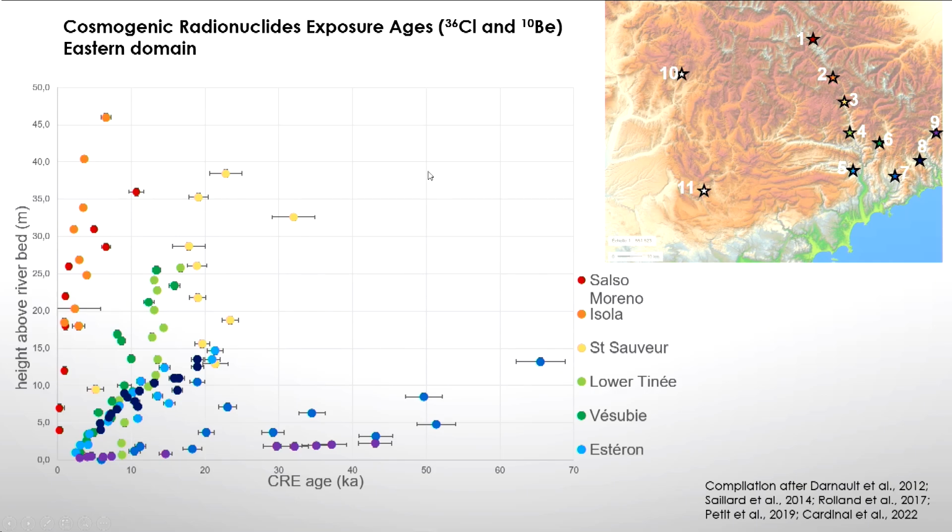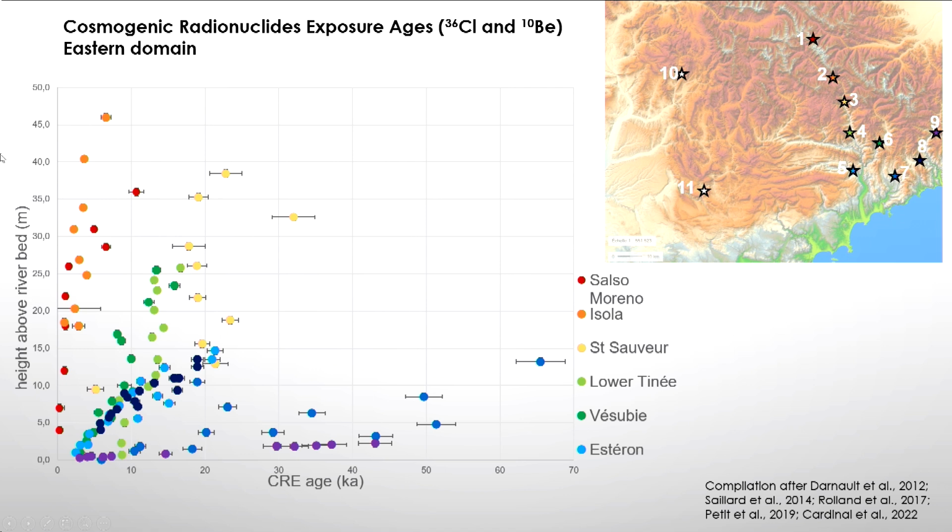So all these samples have been collected, and they have been processed, and the exposure ages have been computed here at the CEREGE, and of course we had many discussions between our teams. So this is an example of a compilation of the ages we had here in the eastern part of this domain, and I'm going to try to explain what we can get from the simple analysis of this data, and then later on what we can do with models.